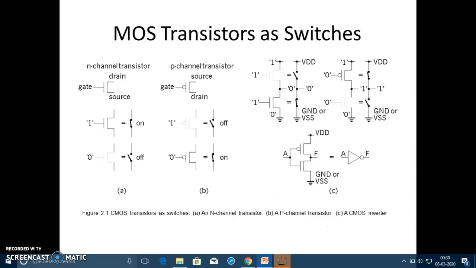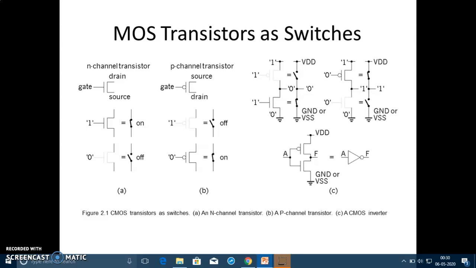Next, MOS transistor as a switch. Here we see N-channel transistor and P-channel transistor, with terminals gate, drain, source. N-channel transistor conducts only when 1 voltage is at the gate terminal. When 1 voltage occurs at the gate terminal, the NMOS transistor is on.